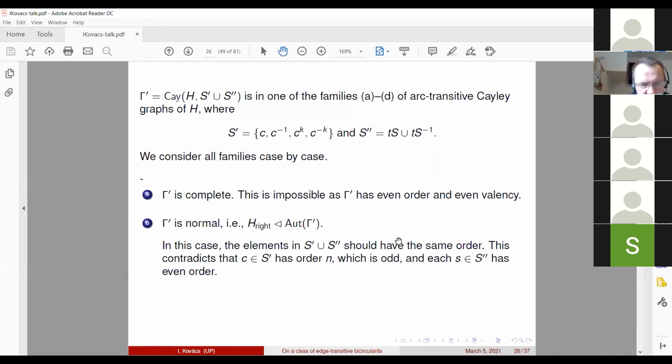But this implies that the stabilizer of this automorphism group contains group automorphisms, and because our group is transitive on the connection set, the connection set is basically an orbit of some subgroup of the automorphism group of H. But that would mean that any element in the connection set has the same order. But clearly, this element C has order N, which is odd, and any element here is of even order. So the graph cannot be normal.